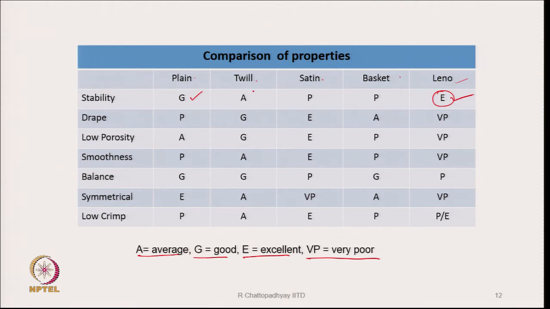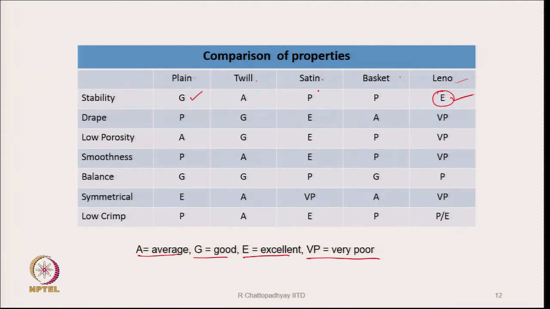Whereas twill is average in terms of structural stability, and for satin and basket woven fabrics, the stability of the yarns within the structure is less. That is, they can easily move, and therefore, the structure can get distorted easily. That is what stability means.